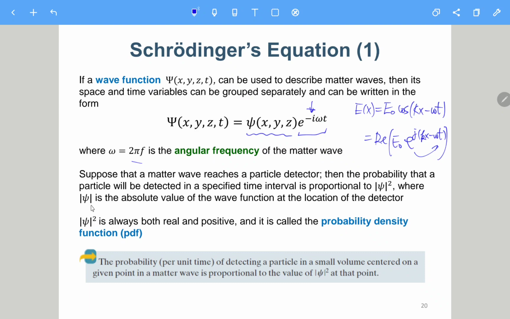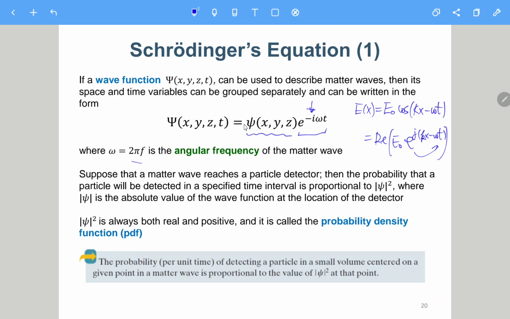Okay, so here, suppose that a matter wave meets a particle detector, then the probability that the particle will be detected in a specific time interval is proportional to this one. As I mentioned previously, this is the Copenhagen interpretation.